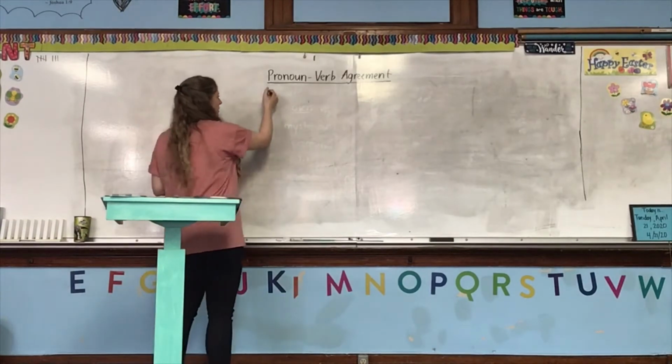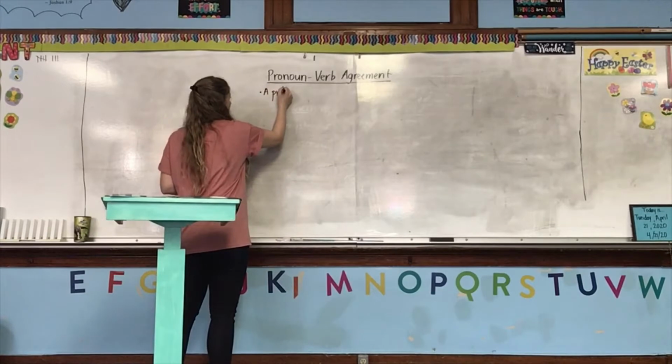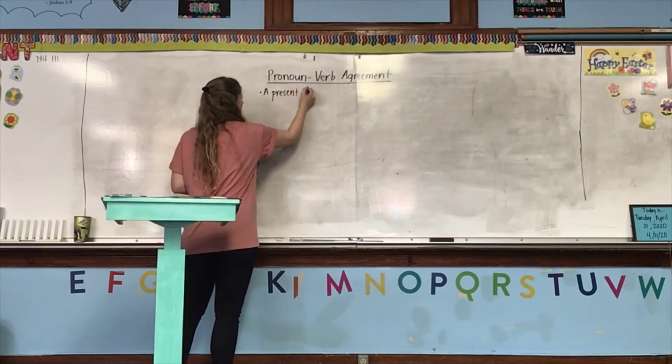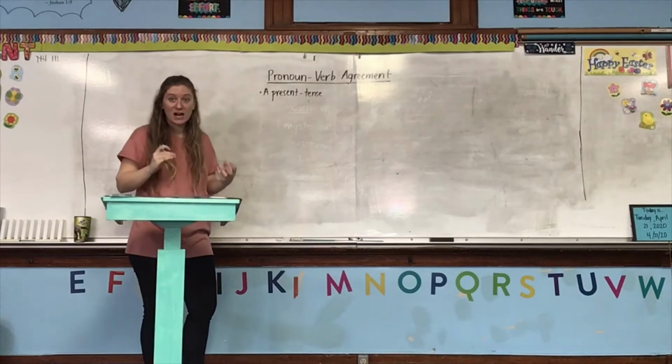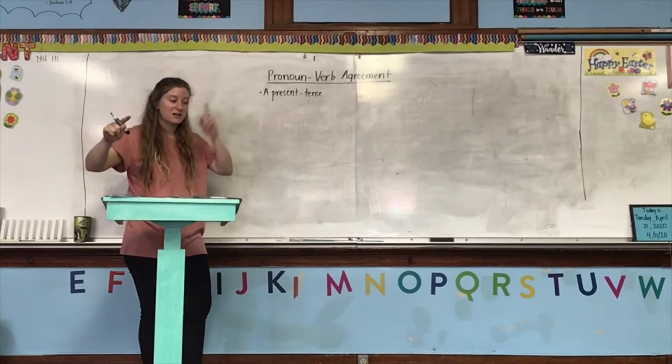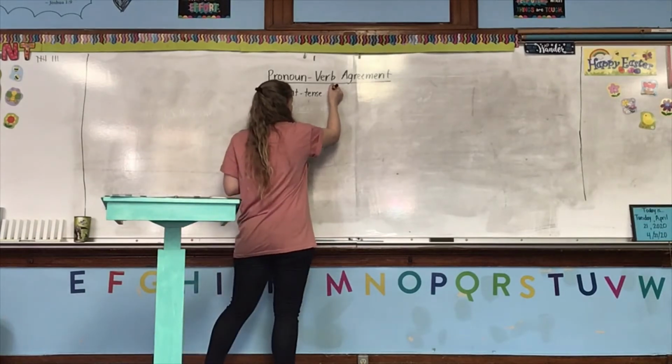And the first thing we're going to say is: a present tense verb must agree with the subject pronoun. Remember, present tense means it's happening right now, not in the future, not in the past.